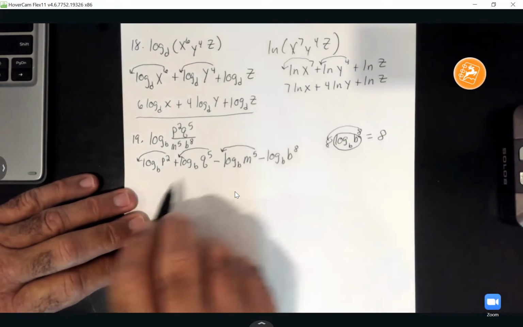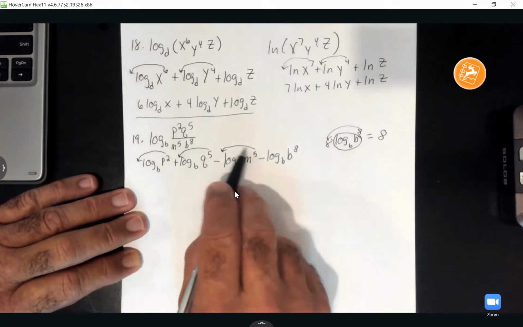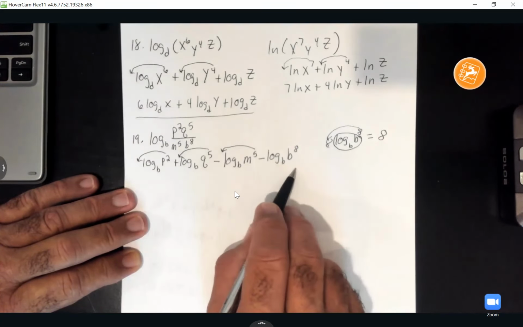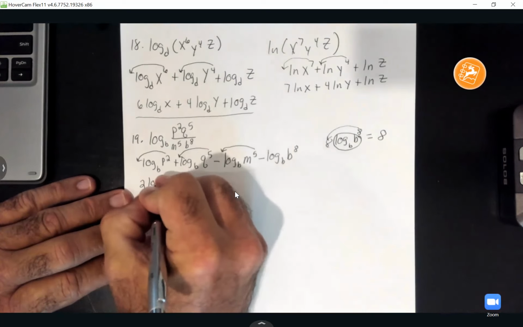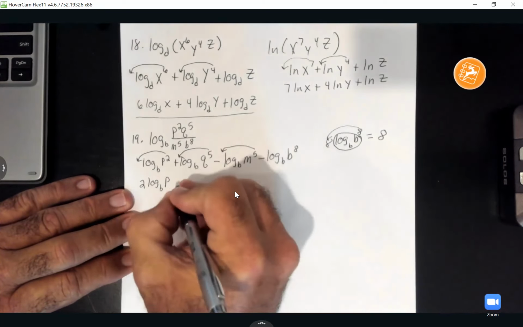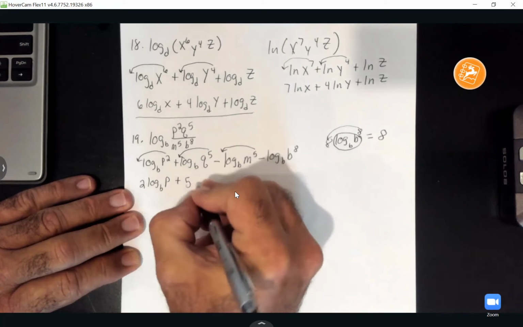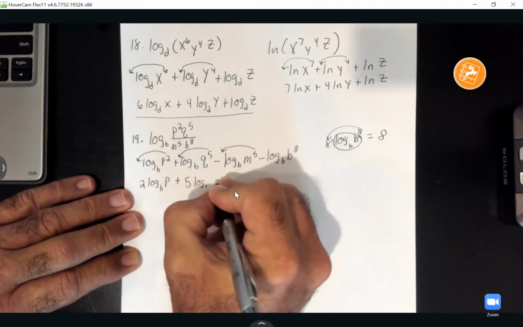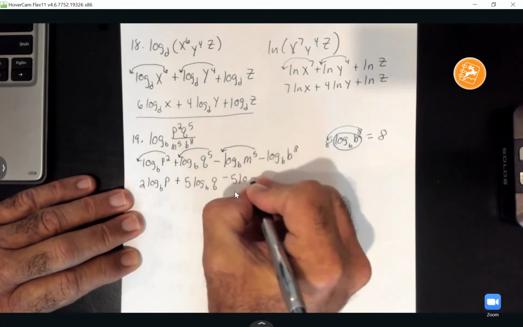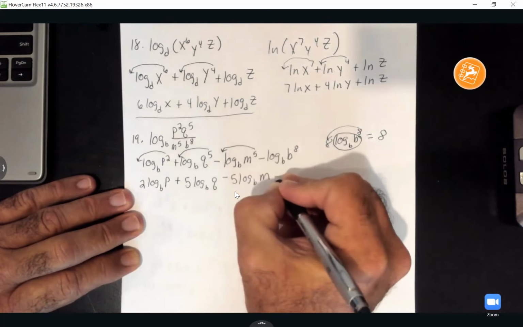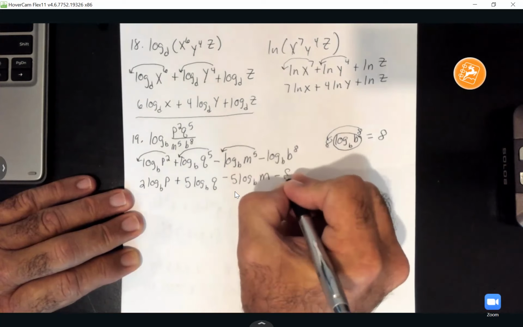There you go. So what we'll do, we'll move the exponents on the first three up, and then that's just going to be a -8 at the end, okay? So I'm going to have a 2 log b of p plus my 5 log b of q minus 5 log b of m minus my 8.